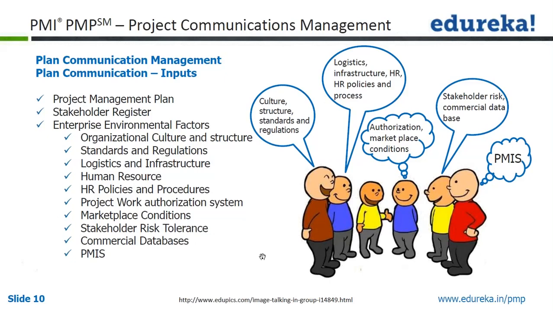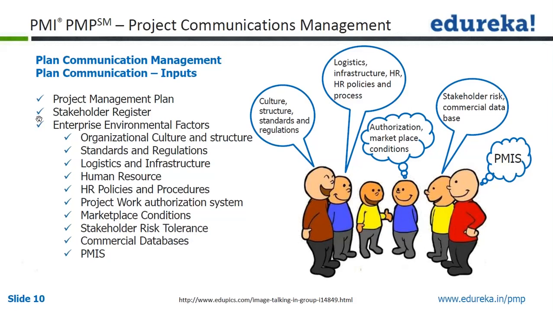Inputs for plan communication management: your project management plan, your stakeholder register, and enterprise environmental factors, which include culture, structure, standards and regulation, logistics and infrastructure, human resource and HR policies, project work authorization, marketplace conditions, stakeholder risk tolerance, commercial databases, PMIS.